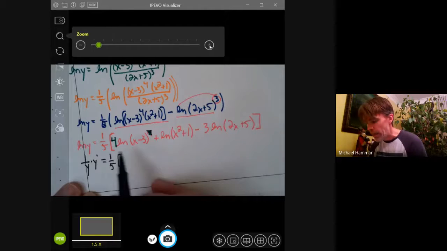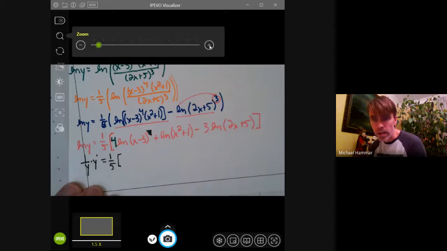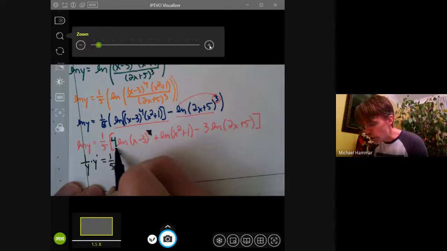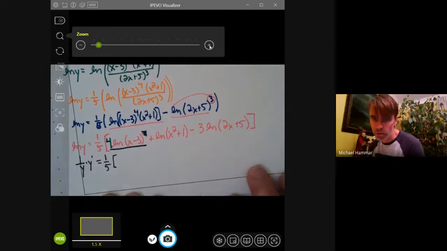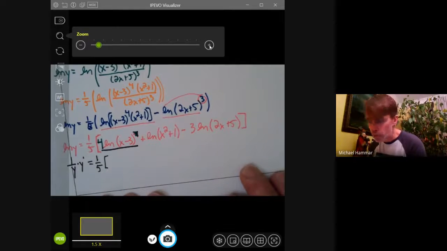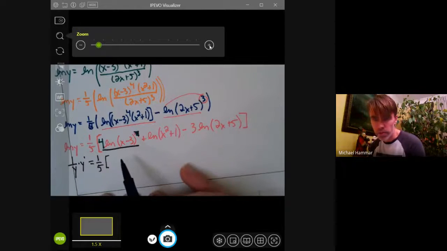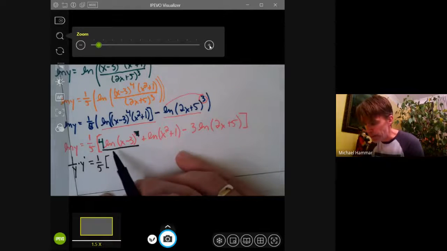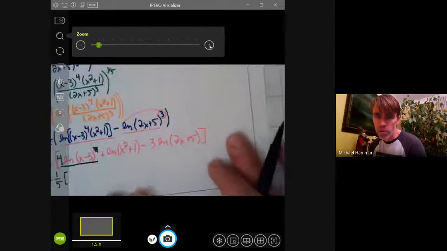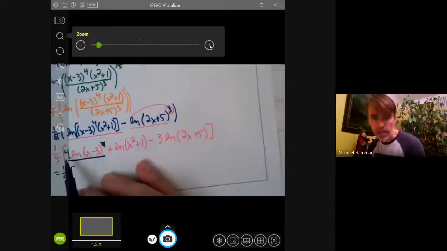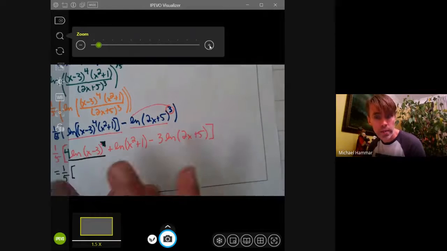Okay? And now we need to take the derivative of each of these pieces. So you will notice that each chunk is most likely going to be a chain rule. So we're going to have to use the chain rule for all of these. So the first thing is I'm going to take this first piece and I'm going to move over here to the side and I'm going to do my chain rule work. So notice I have a constant out front, so I'm just going to leave that there.